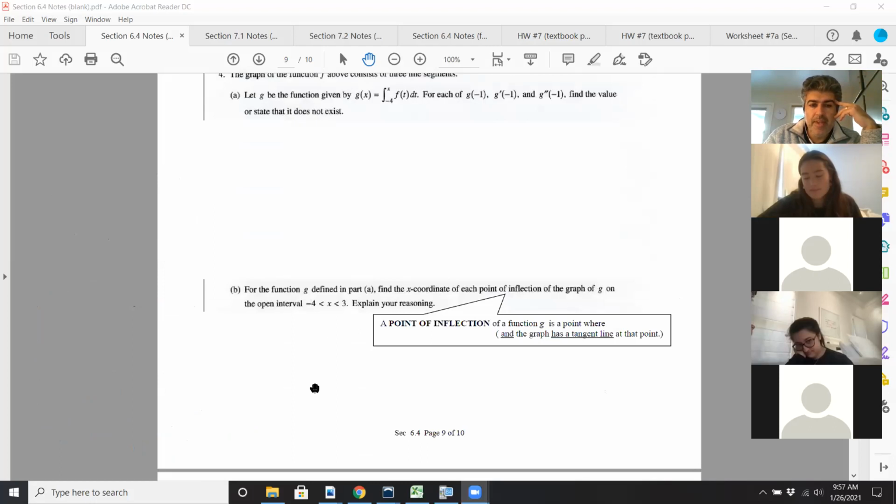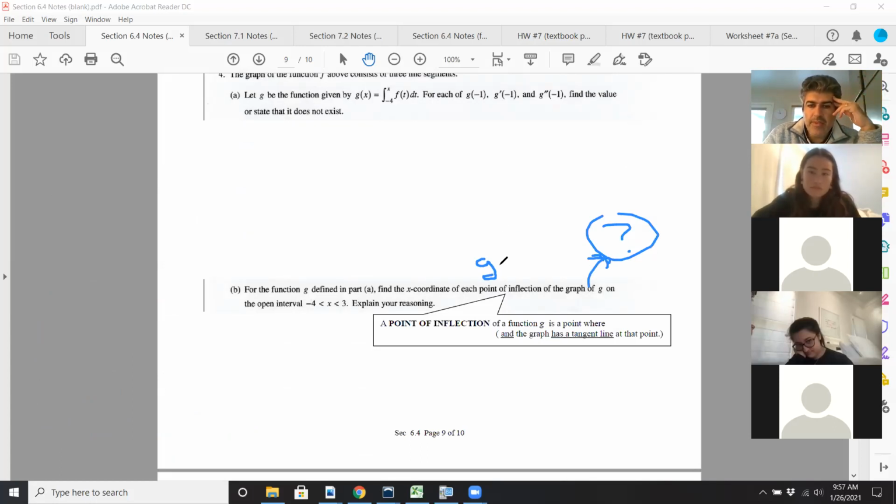For part B, now for the function g defined in part A, find the x-coordinate for each point of inflection of the graph of g on the open interval. Okay, for point of inflection, remember, for the graph of g, we don't know what the graph of g is. I don't know what that graph is, but that's okay.